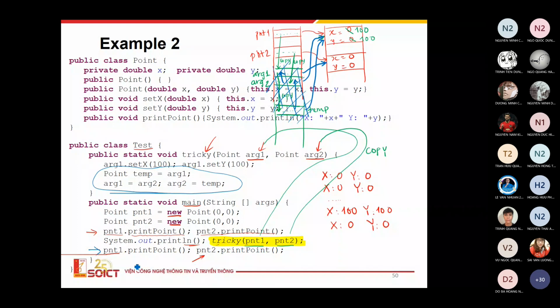Thế nhưng mà tại sao đến khi mà thoát khỏi cái phương thức này ra ngoài, tôi lại thấy rằng tôi cũng chả đổi chỗ gì hai cái đối tượng này cả nhé. PNT1 vẫn có giá trị là 100 đấy. Và PNT2 thì vẫn giữ giá trị là 0, 0 nhé. Đấy, mặc dù là chỗ này tôi cứ nghĩ là tôi sẽ đổi chỗ cái ARG1 cho ARG2. Đấy. Thì đấy là nguyên nhân là do làm sao? Cái việc đổi chỗ ở đây tôi chỉ đổi chỗ ở trong các cái biến cục bộ của phương thức này thôi nhé.